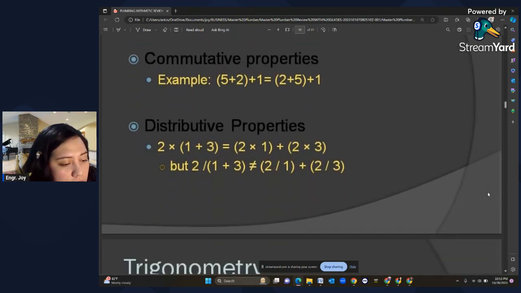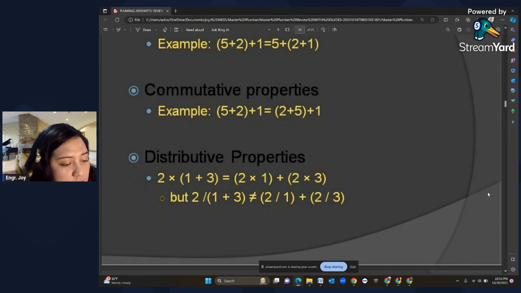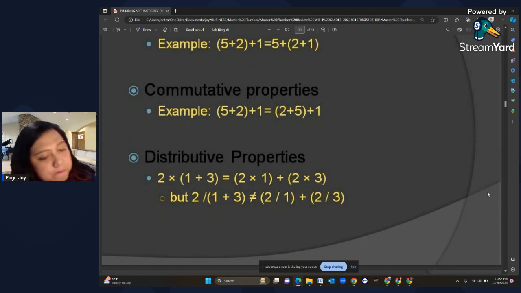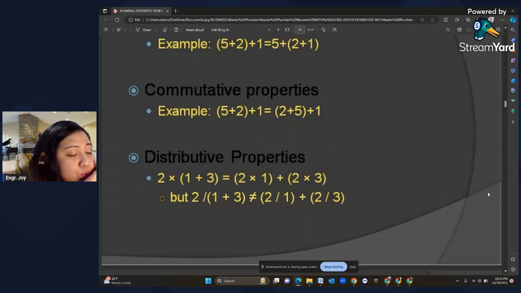Distributive properties, ito yon. 2 times the quantity of 1 plus 3 is equal to 2 times 1 plus 2 times 3. But 2 divided by the quantity of 1 plus 3 is not equal to 2 divided by 1 plus 2 divided by 3. So, parang ganito yun, guys.